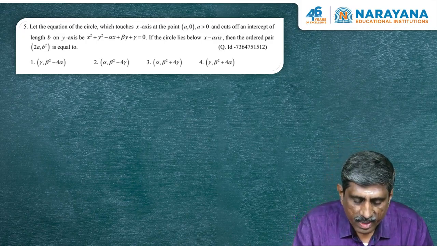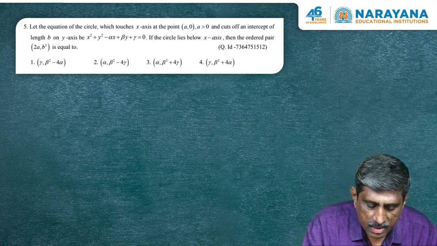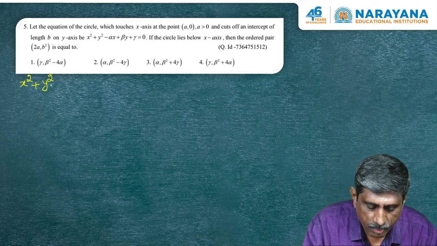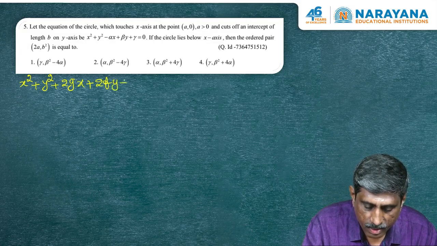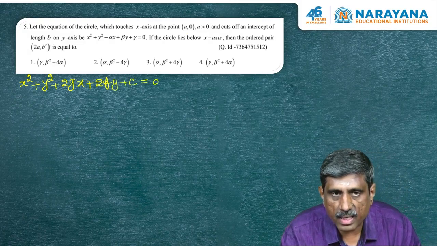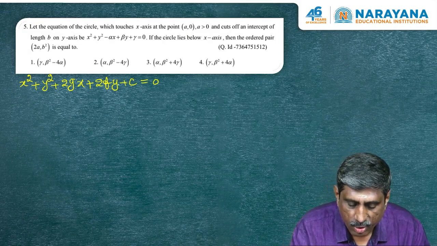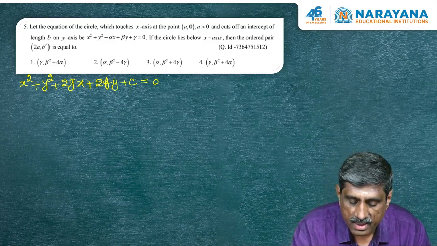Let us assume the equation of the circle as x square plus y square plus 2gx plus 2fy plus c is equal to 0. When the circle touches the x axis at (a, 0), when you put y is equal to 0 here, you get a quadratic in x for which a is the double root.